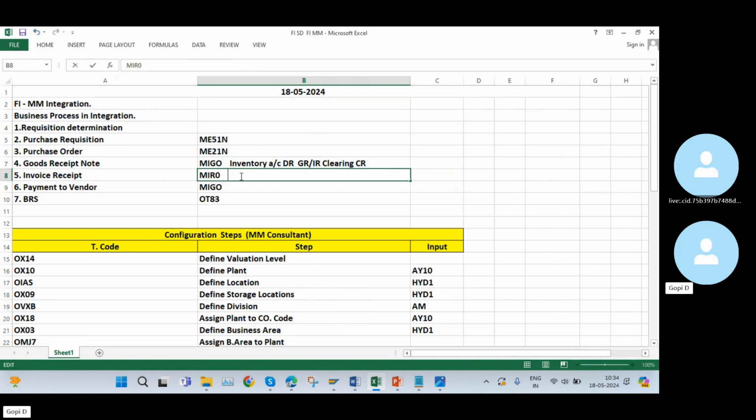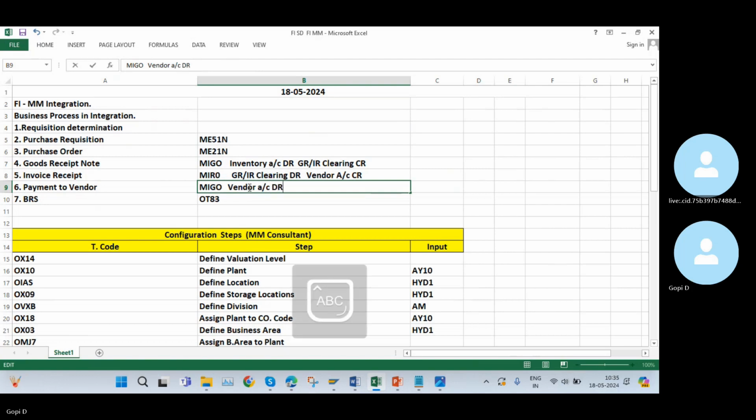And when it comes to invoice receipt, the general entry will be GR/IR clearing account debit. Okay, vendor account is credit. So at the time of payment to the vendor, the general entry will be vendor account debit to check issue account.